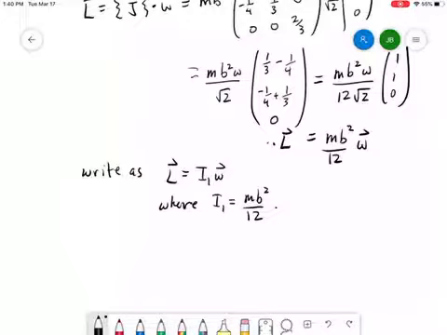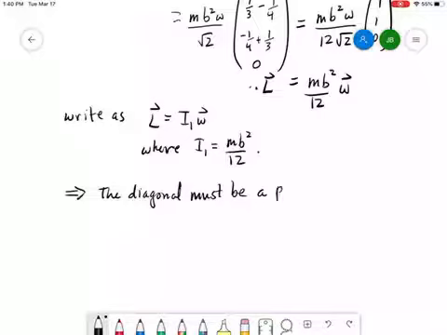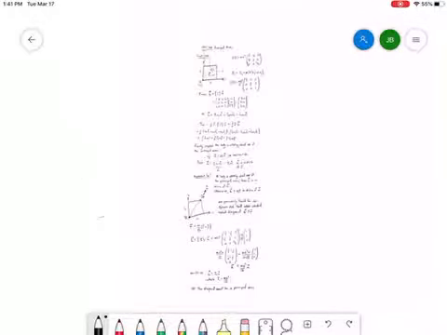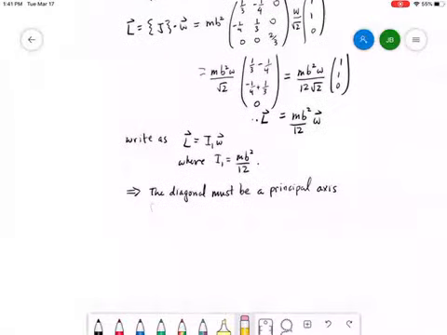So what we just said at the beginning was that if we could find an axis for which L and omega are parallel, then that axis must be a principal axis. So the diagonal must be a principal axis for our square slab with an origin Q at the bottom corner.